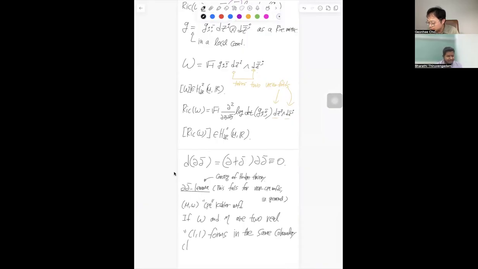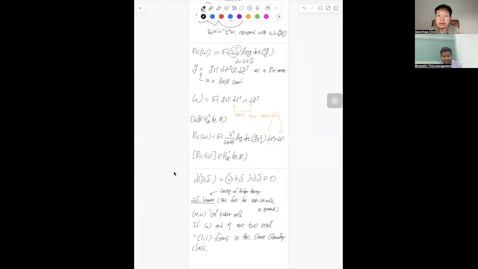We are now using something special: the Ricci form is a (1,1)-form, with no complex conjugate in one factor but a complex conjugate in the other, taking the wedge.